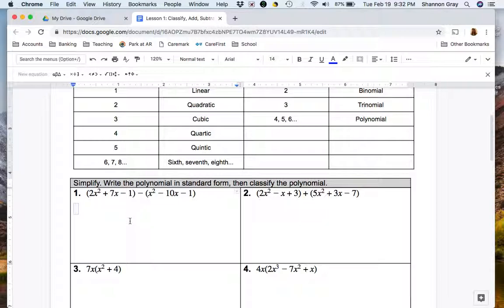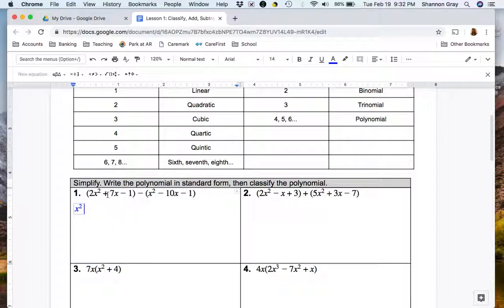So in this first example, we have one polynomial, and then we're subtracting another polynomial. So this is really just combining like terms. We can add and subtract terms that look exactly the same, so they're raised to the same degree or exponent. This first term, 2x squared, I'm going to look for the like term, which is x squared over here. So I have 2x squared minus 1x squared, so that just leaves me with x squared.